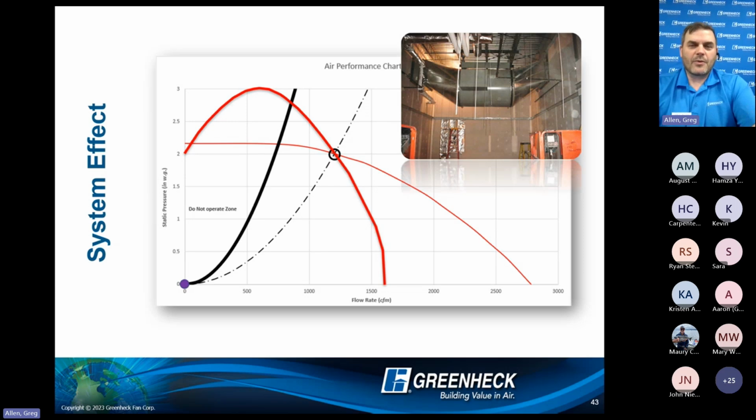I've created a scenario where the fan is less efficient at even moving air. And now to get to the right volume of air, I had to speed it up. So now it's going to be louder because I sped it up. It's going to be louder because it's in an inefficient zone, and it's going to be louder because more air is having to pull through those same junctions.